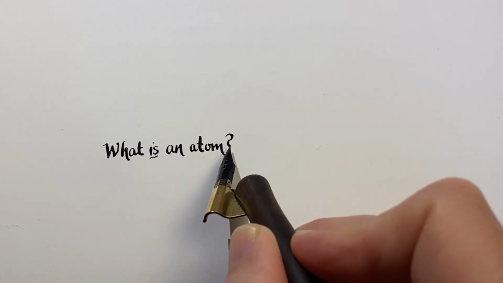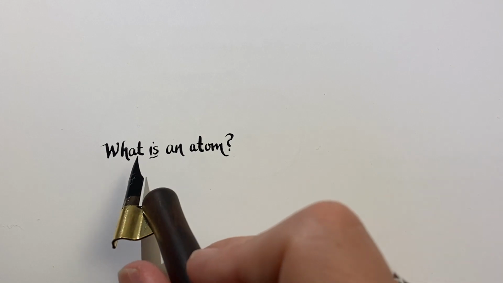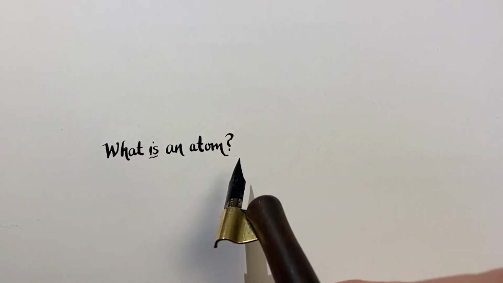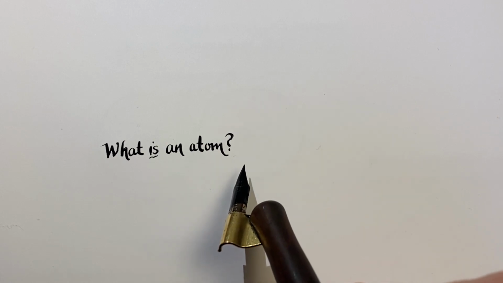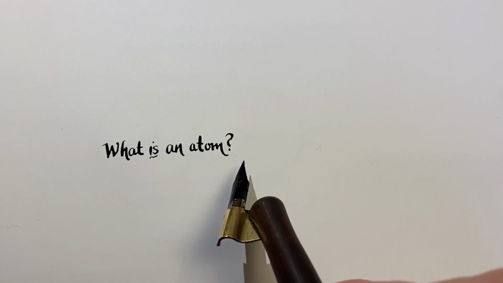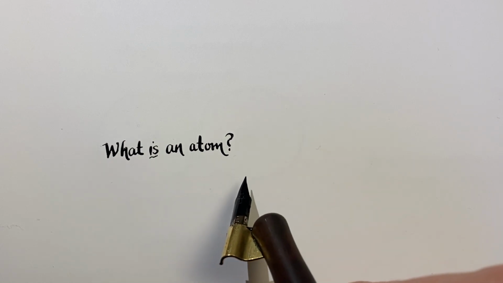I would say that this is an important question to ask, whether or not you don't know any chemistry, or you know a little bit of chemistry, or even if you know chemistry really well.